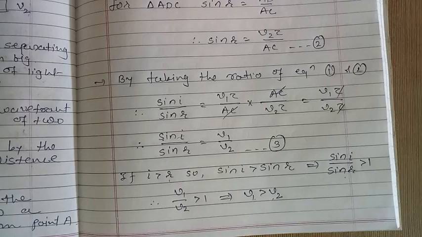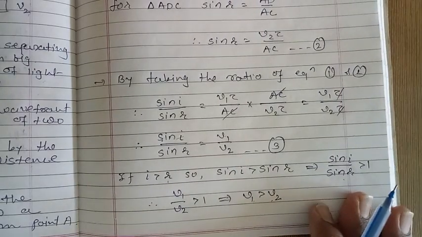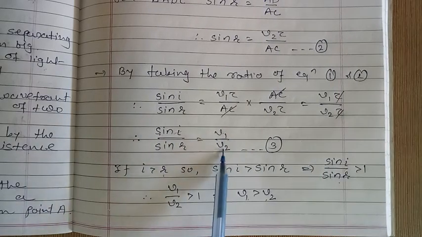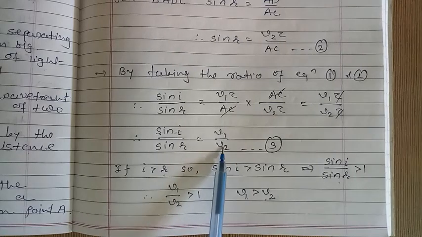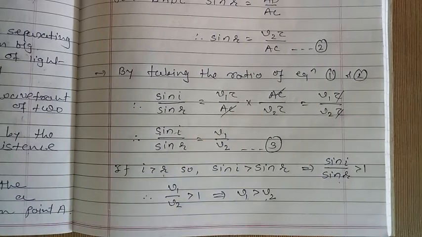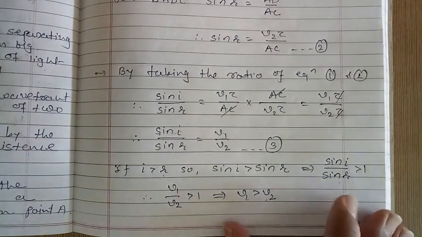Now we have to prove Snell's equation, n1 sin theta 1 equals n2 sin theta 2. But here, sin I upon sin R is equal to V1 upon V2, so we have to prove the relation between the refractive index and the velocity in the medium. We know the absolute refractive index n is equal to C by V. We already discussed this in chapter 9, Ray Optics.